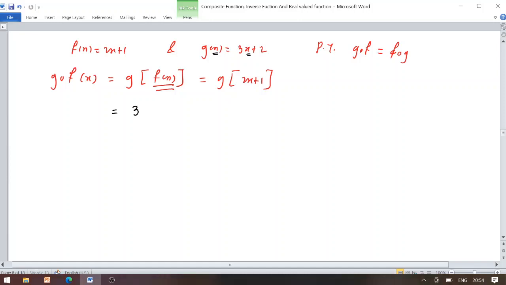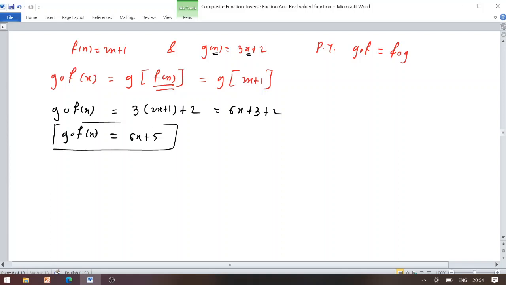We get 3 times (2x + 1) plus 2. So g composition f of x becomes, after distributing 3 over the bracket, 6x plus 3 plus 2. So the value of g composition f of x becomes 6x plus 5. I will call it equation number 1.